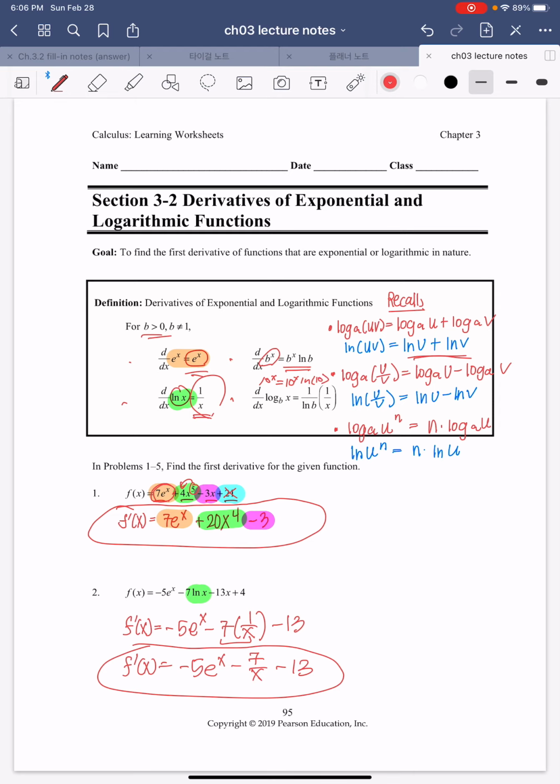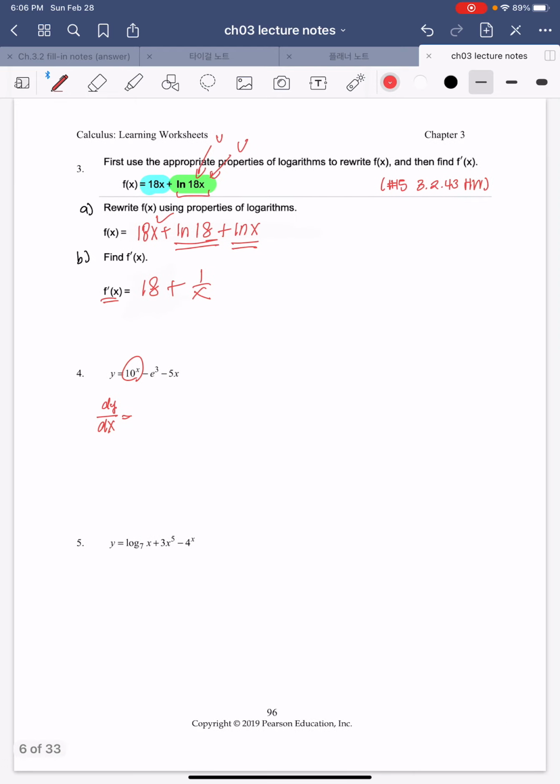That's my derivative. Middle one, e cubed is a constant, so that disappears. The last term, negative 5x, will be just negative 5. That's it. Okay? Done. Very simple.